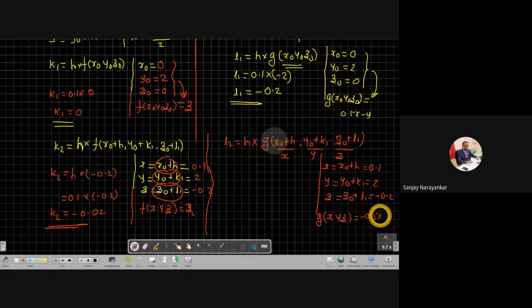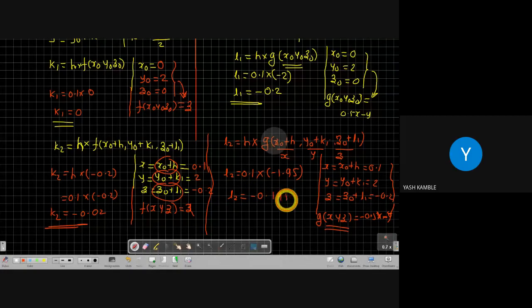0.5 x minus y. Substitute these values here. So you'll get L2 is equal to 0.1 into minus 1.95, and L2 is equal to minus 0.195.